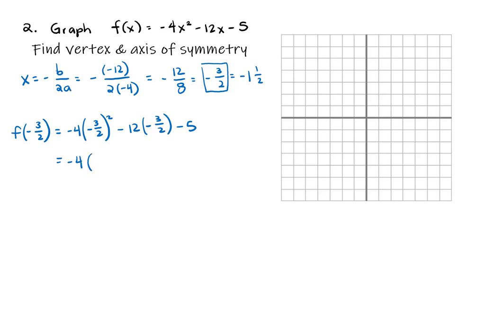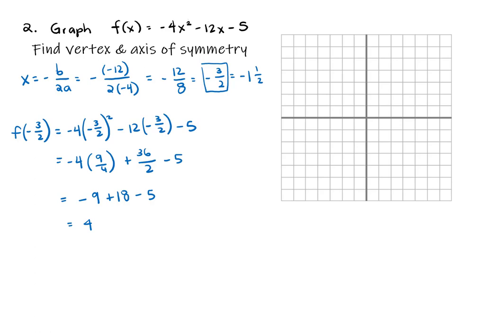This square part becomes 9 over 4, positive. Negative 12 times negative 3 is 36 over 2. And those 4's will cancel out, so I'll just have negative 9 plus 18 minus 5. And that gives me 4.